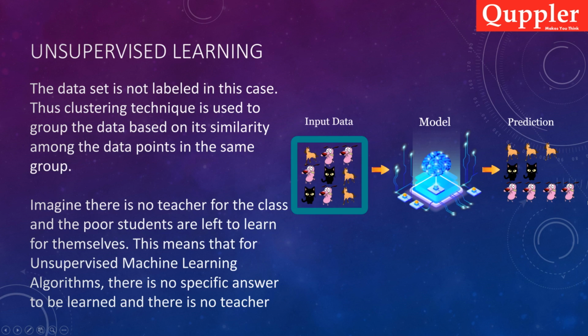To understand that in a pictorial way, for example, I take the input as a dog and ask my model what it is, and by chance my model predicts that as a cat, which is absolutely wrong. We know this is a dog but it is predicting a cat.